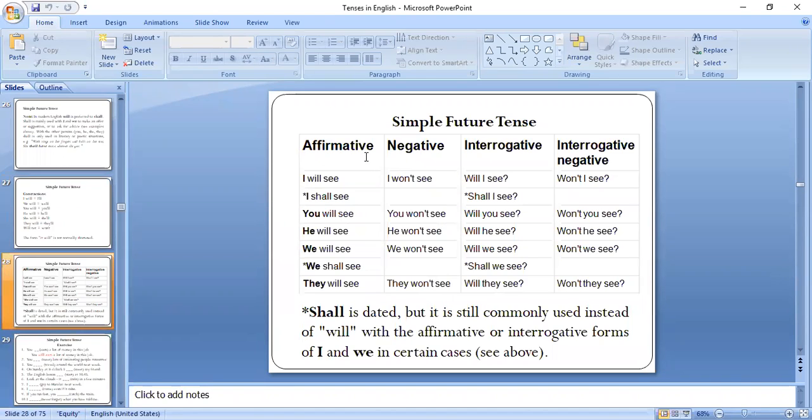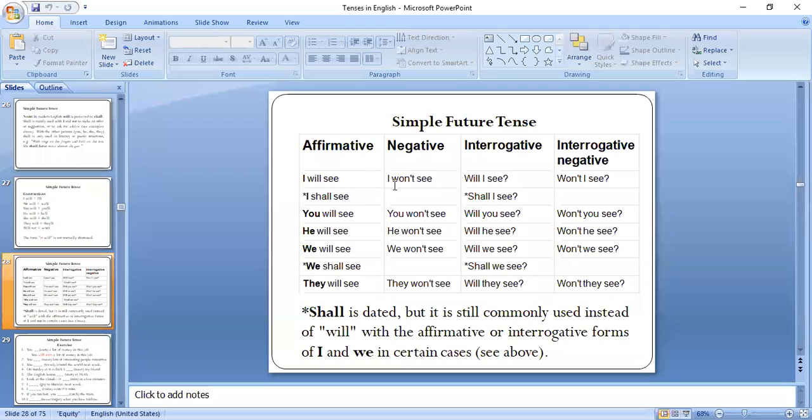So let's see the next part, that is affirmative, negative, interrogative, and interrogative negative of the simple future tense and its sentences.